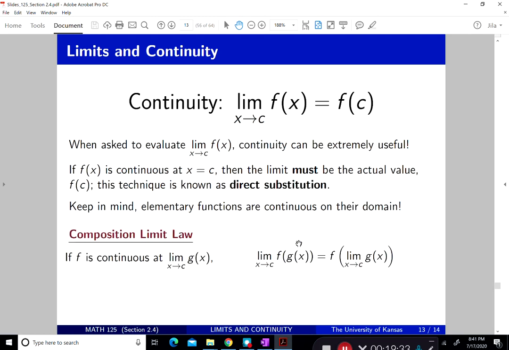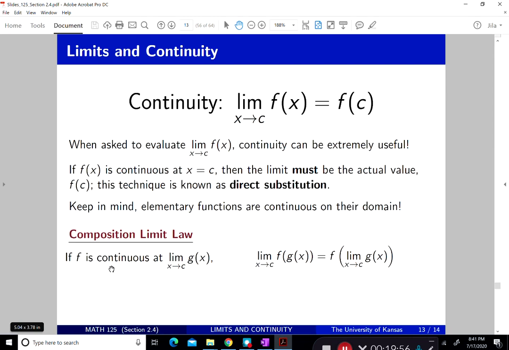So this is one of the methods that we use very often to find limits for elementary functions. Okay, so last section when we were going through all the limit laws, we missed one. This is the one concerning the composition of functions. We needed one little definition that came in this section.